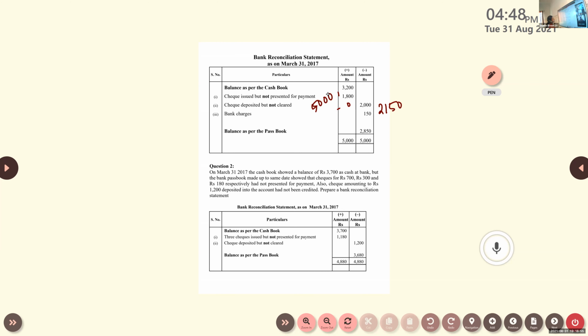Positive side 5,000, negative side 2,150. So 5,000 minus 2,150. This is actually the passbook balance, whatever figure you get after reducing, that is, after that adjustment.